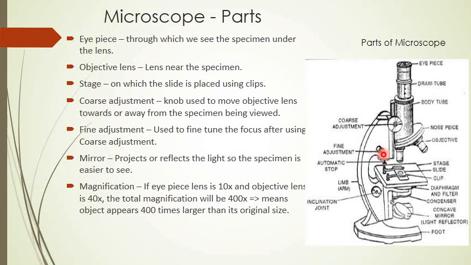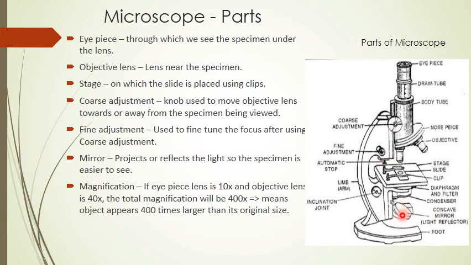This we move only slightly, whereas with the coarse adjustment we move the objective lens a little more to get the clear image. For example, when taking a photo with a camera, you keep using the zoom, right, to get a clear photo. For the same purpose we use the coarse adjustment and the fine adjustment.